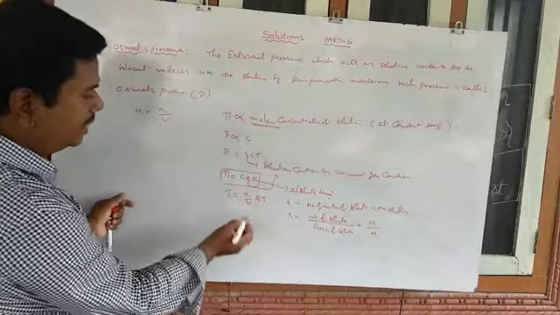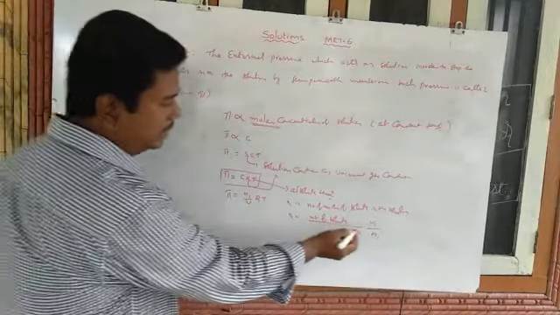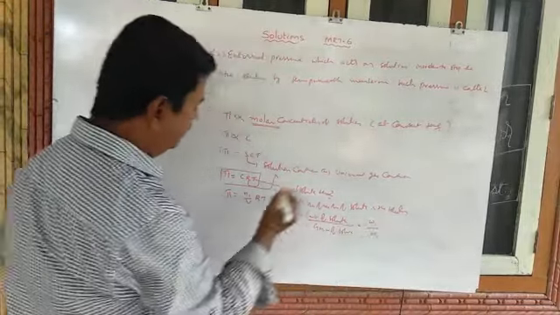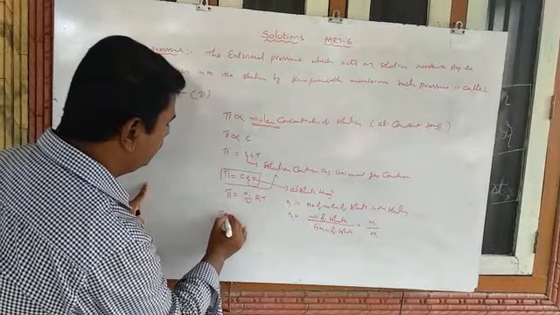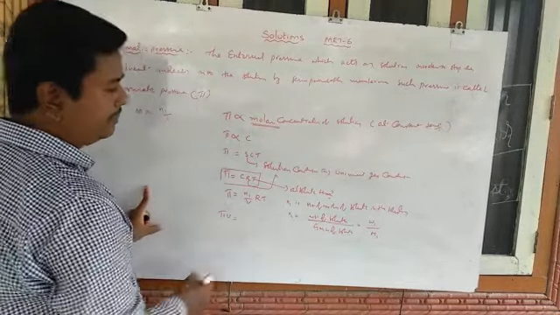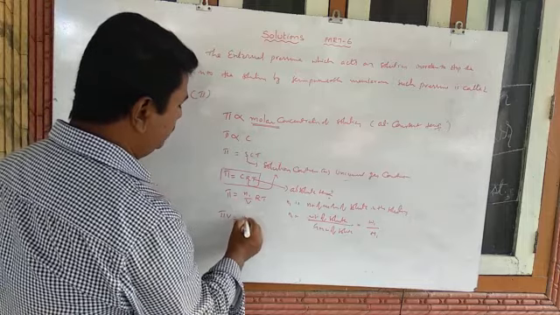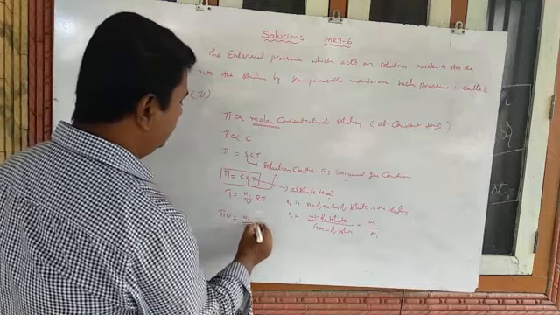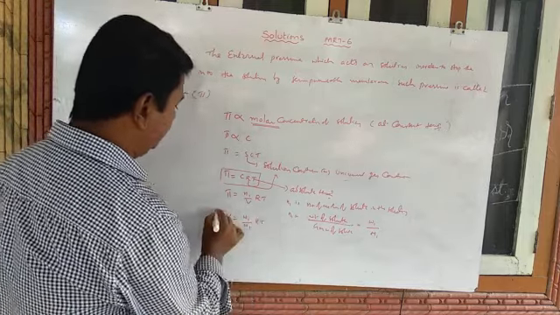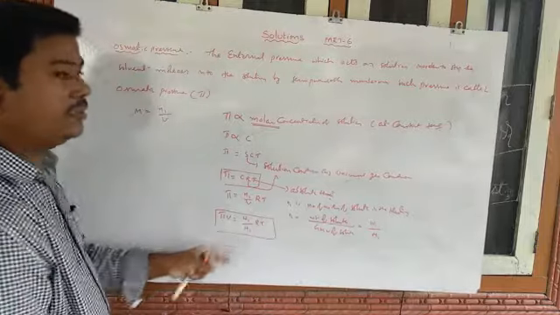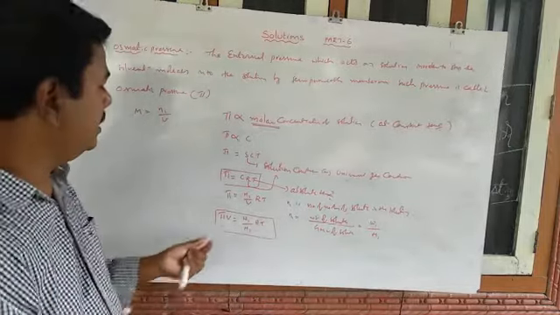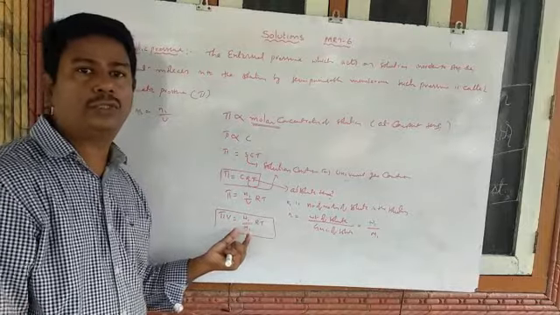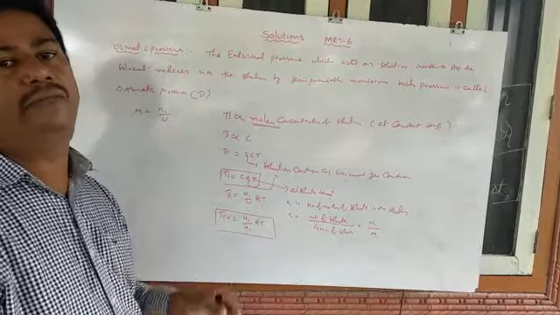That means instead of N1, I can represent it with W1 by M1. That means pi V equal to W1 by capital M1 into RT. From this, we can easily calculate the unknown solute gram molecular weight.